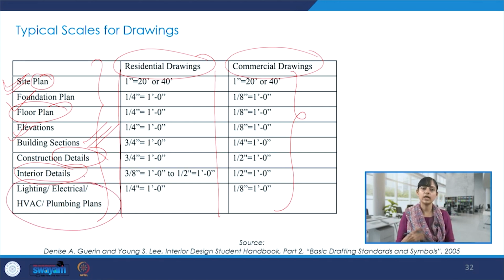So you have your lighting, plumbing, electrical, air conditioning, heating and ventilation drawings, etc. And then we could use these kinds of scales to represent them. It could be a customized scale also, but this is a baseline set pattern.